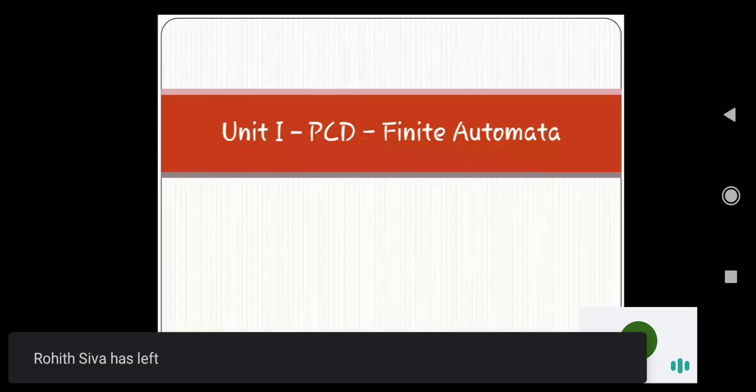Suppose it is if, it has to check whether the first character is i, and then next it has to check for f. Suppose we get both of these characters i and f, then it's going to give the result as yes. Suppose while checking for this if, we have i but we don't have f, then it's going to give the result as no.